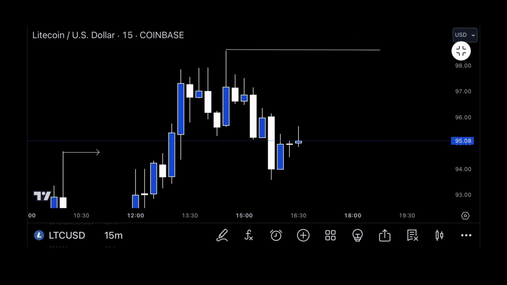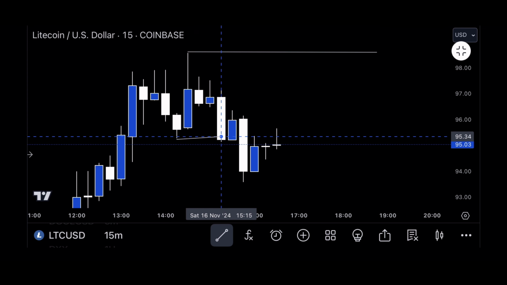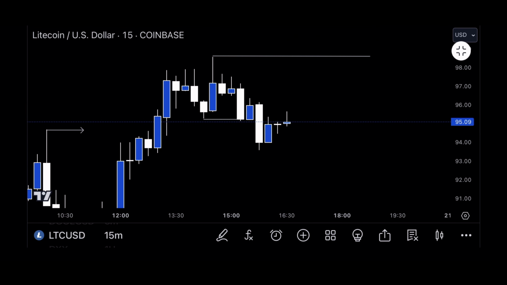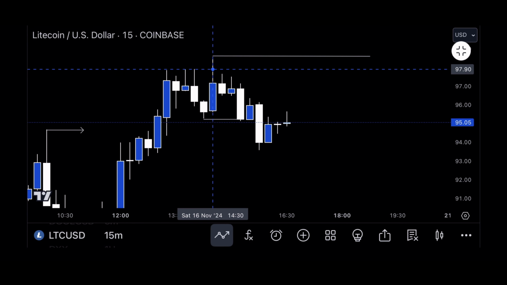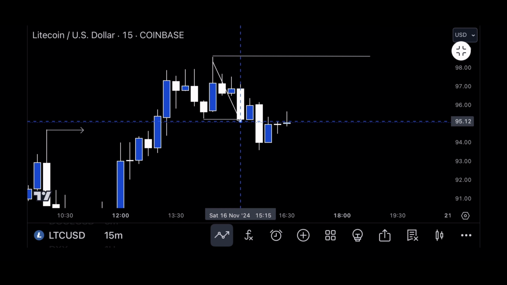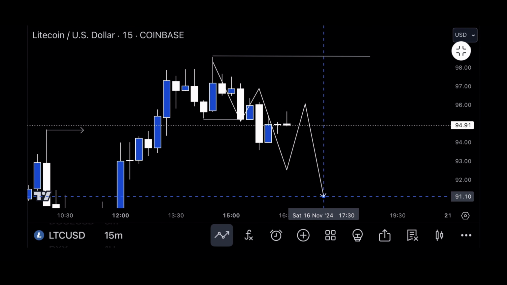So let's mark it out. This is the place where the market closed below it. I'm expecting a pullback to happen so we can join the ride to the nearest demand area.